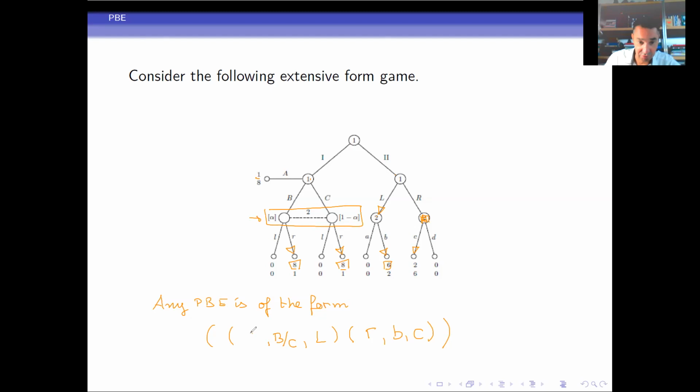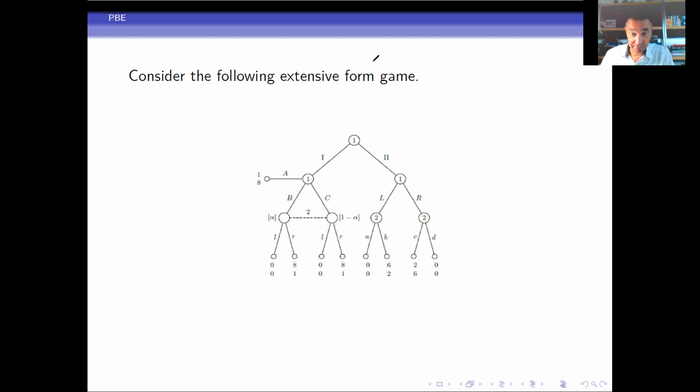So for sure he's going to choose 1. And alpha can be anything as well, right? So the belief system can be anything, but it's given by this choice over here. And you should make that a bit clearer.